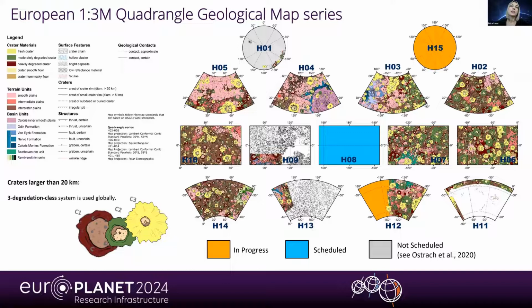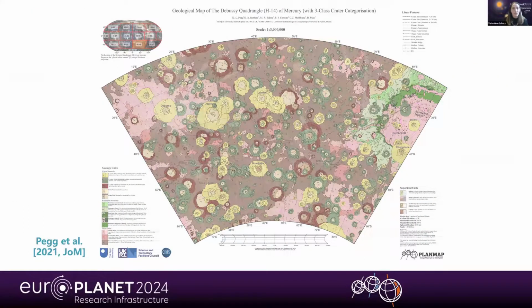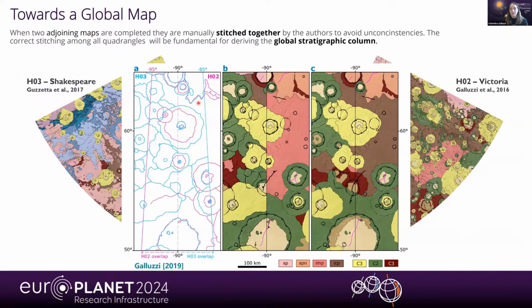Okay, thank you. We have other questions. Are the modifications you made when merging quadrangles retroactively applied to individual ones? Yes, I mean, once we see that there are some differences in the boundary, we change both maps. However, these changes will be released as final only once we have all the merged quadrangles.